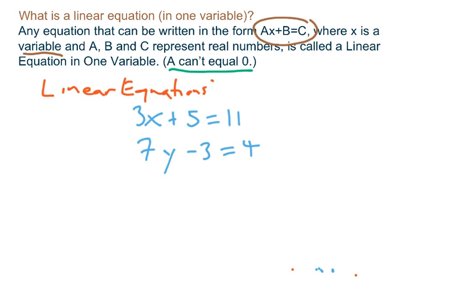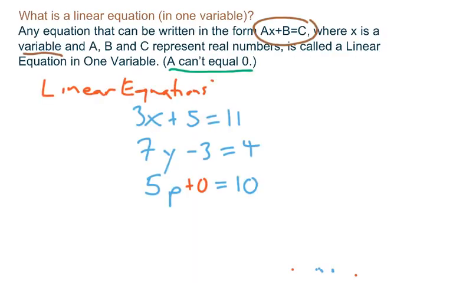That still makes a linear equation, and you can have a different variable than y. What about this one? I'm using a p this time just for variety, and you might say, well, this isn't quite right because there's no b in there. Guess what? This is really all right. b can be 0. a cannot be 0, but b can be, so you can write that in that form. So that's a linear equation too.